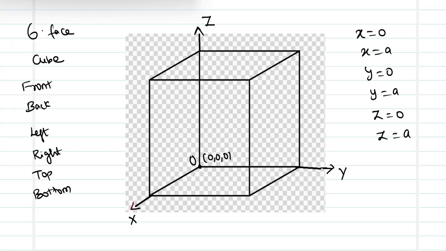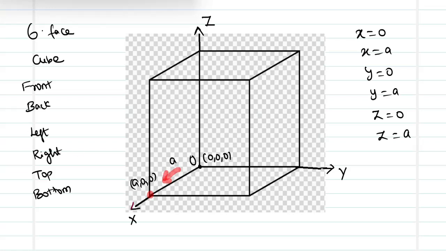Now, when we move a units in the direction of x, we reach this point, which is given by the coordinates a, 0, 0. Why is it a in the x? Because we have moved a units in the direction of x. So this point is denoted by a, 0, 0.